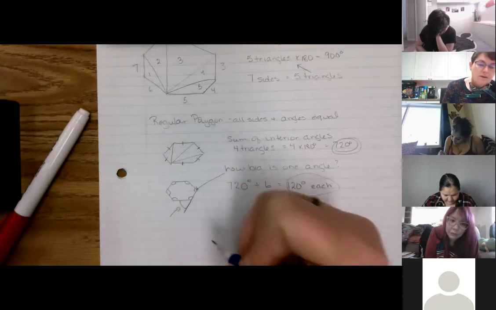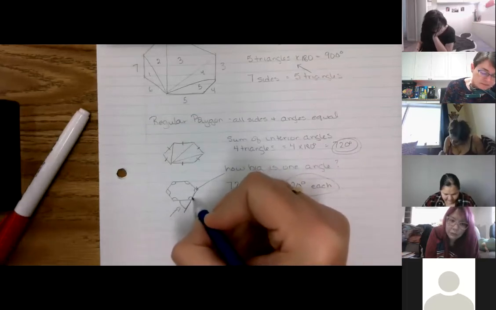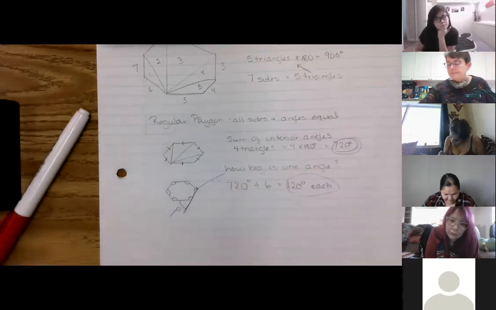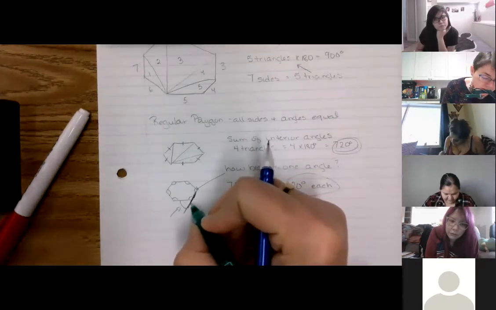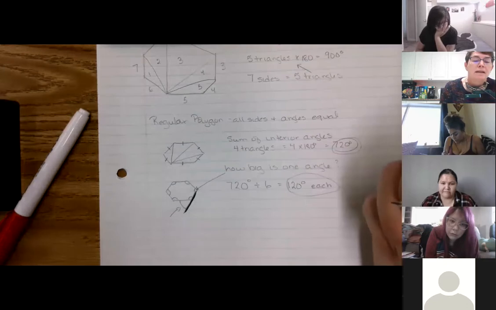So how in the world do we do that? Well, it's real simple. This, right? It's not going to look any better if I do it in green. That forms an angle right there. It's a nice line, which is, Brianna, how many degrees in a straight line?